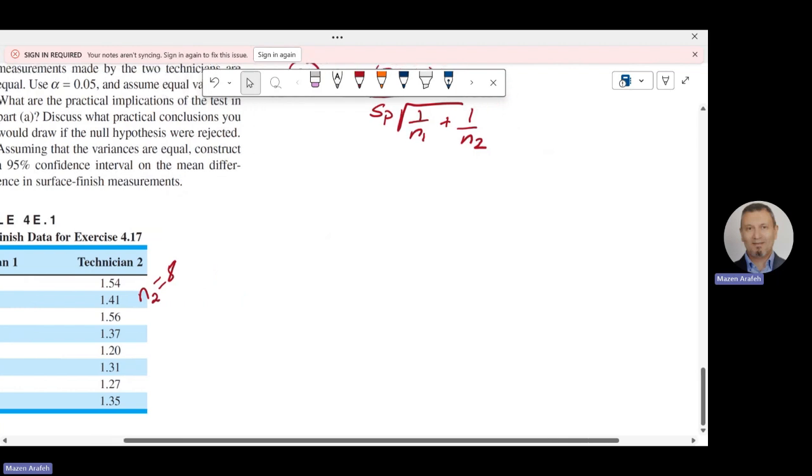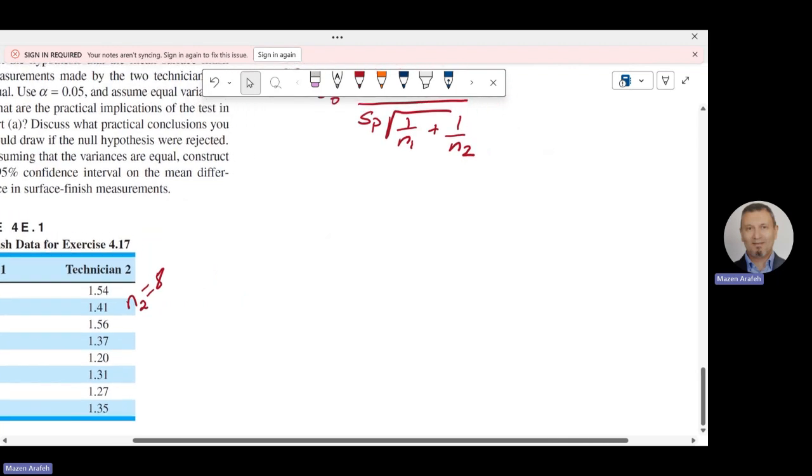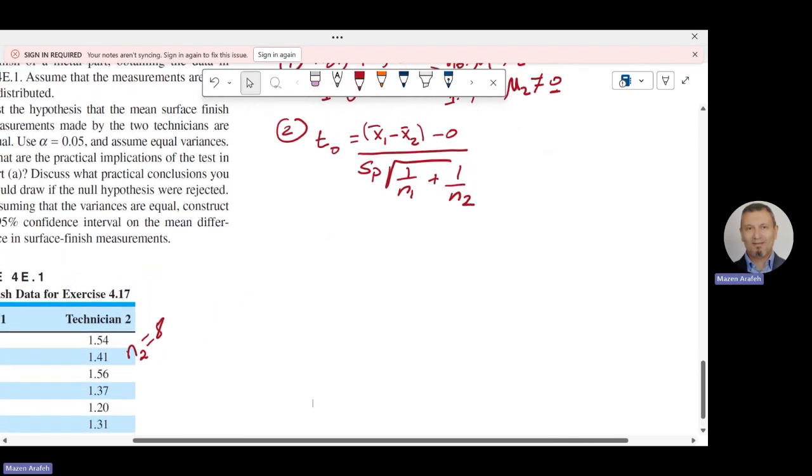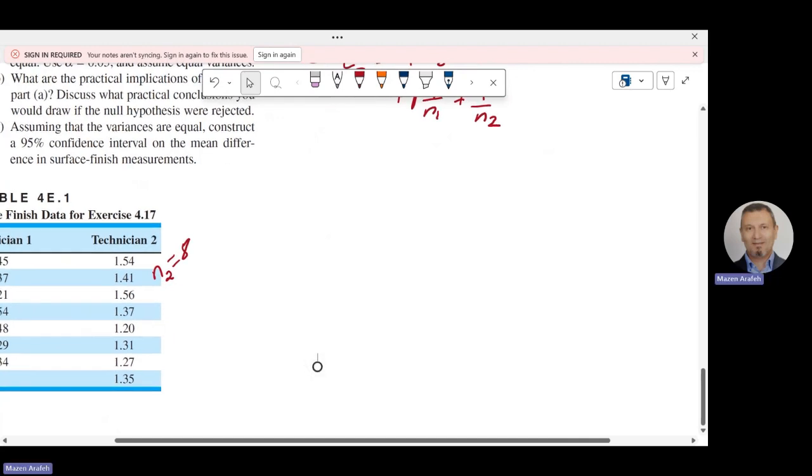So first let's calculate the pooled variance. The pooled variance is basically a weighted average of the two variances.